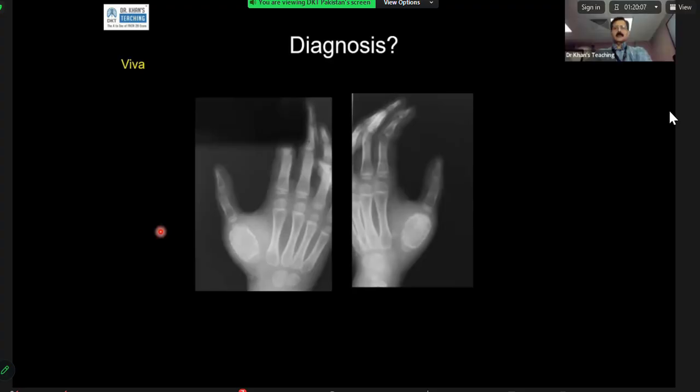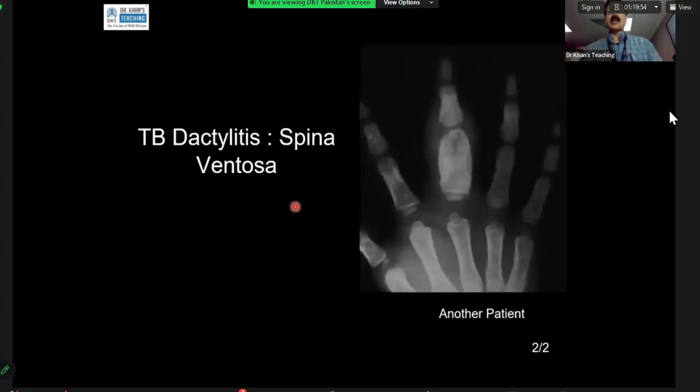Hmm. So, lucency, did you see a lucency in this case? You're absolutely right. This is what we call spina ventosa or TB dactylitis.